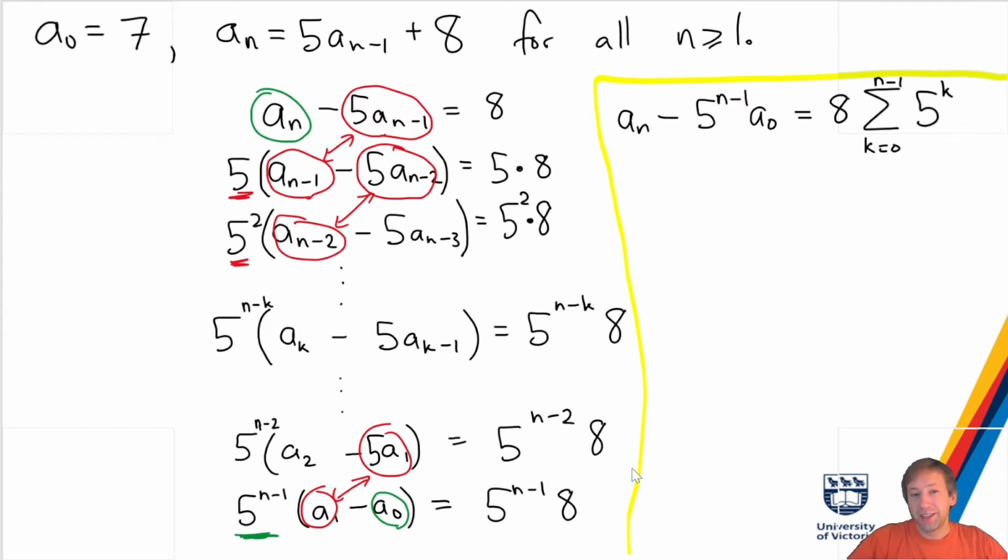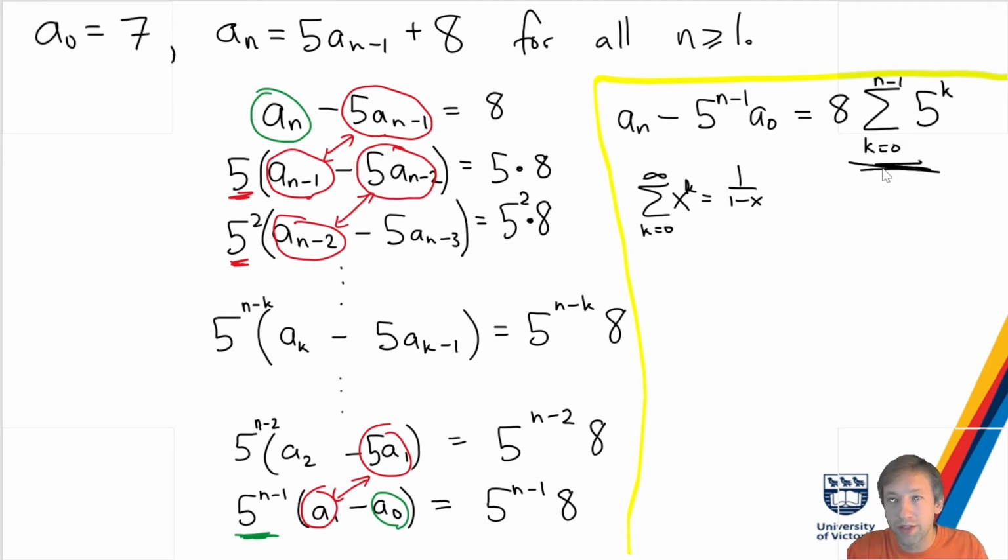Now this is where we need to remember some of our stuff from generating functions. So remember that if I sum from, let's say, k equals 0 to infinity x to the k, that's supposed to be equal to 1 over 1 minus x. Now this here, of course, is not an infinite sum.